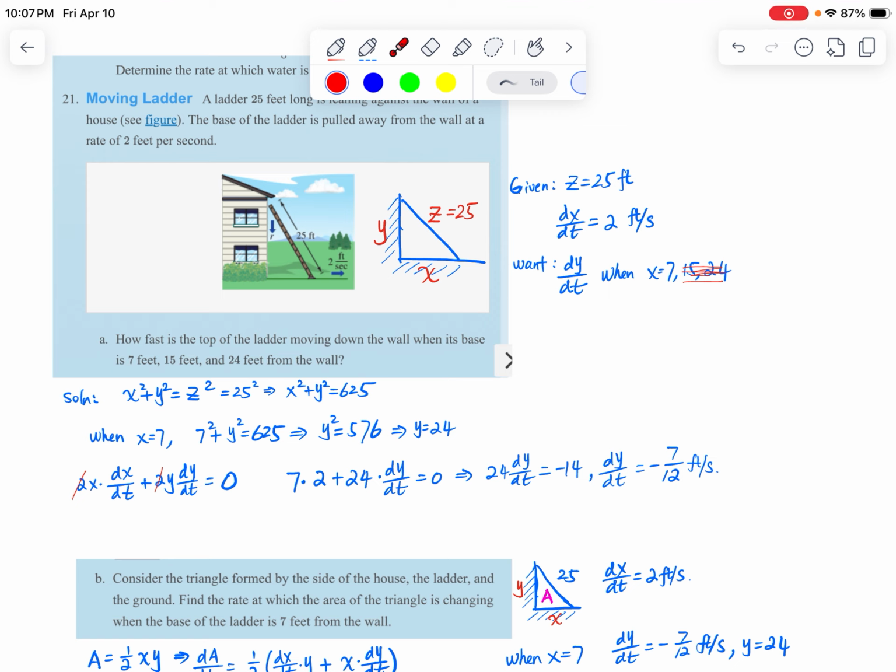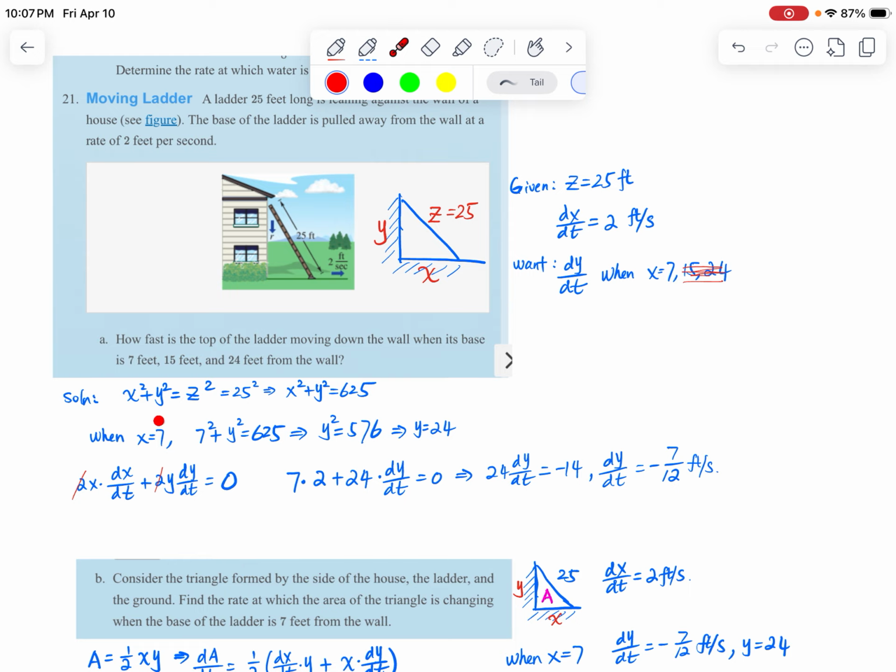So here's what we know. When x is 7, we are going to plug in 7 here, right? And then dx/dt is known, which is given as 2 feet per second. Y we don't know yet, but we can find it. dy/dt is what we want to find when x is 7. So now how do we find y? Because x and y and z form a triangle.